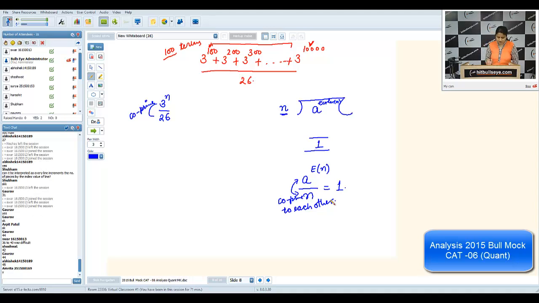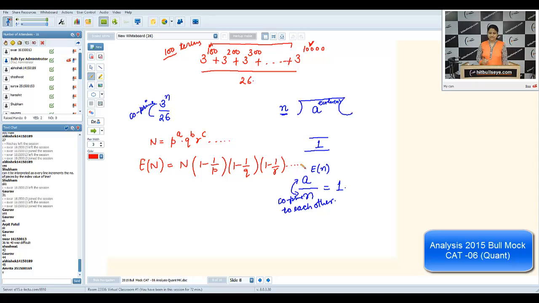Co-prime to each other. How can we calculate Euler number? Any one of you? Let my number be, I'm writing the prime factorization. What is the Euler number of n? You will get a tutorial on Euler number on your mobile application.